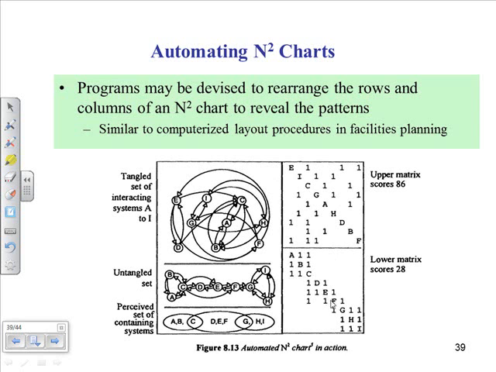Then you rearrange. Here you have A, B, C, D, E, F, G, H, I. You're just rearranging the entities, and you come up with a different score. And this can provide you with something like this. And now you can see the patterns. What does this tell us? It tells us that we actually have maybe three systems or three subsystems.